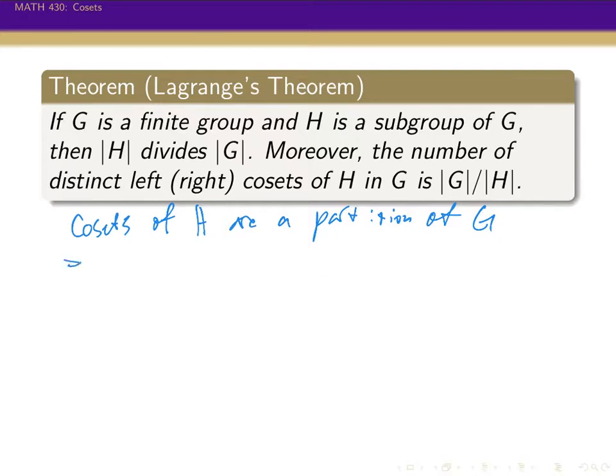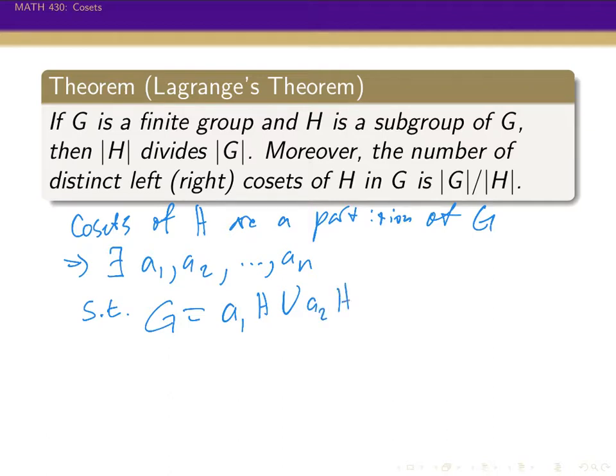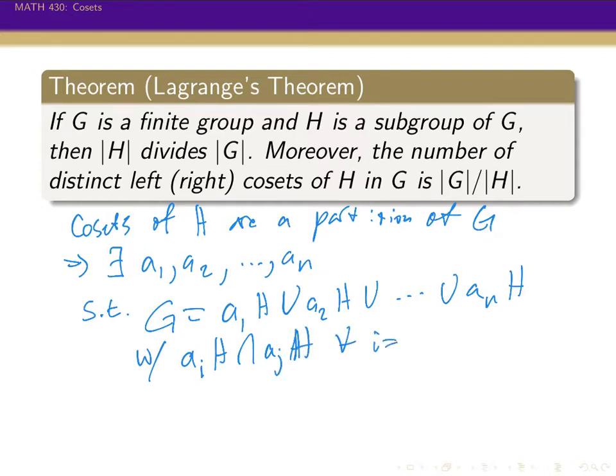And so this means that there exist elements A1, A2, up to AN, such that we can write G as the union of A1H, union A2H, all the way down to union ANH, with these AiH being completely disjoint from AjH for any i not equal to j.